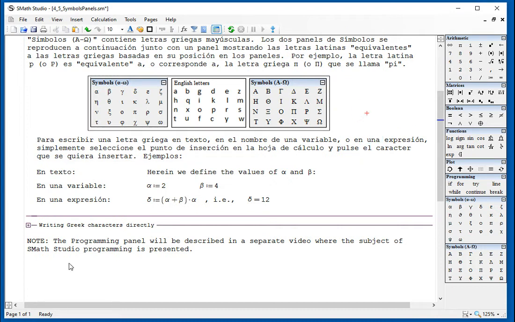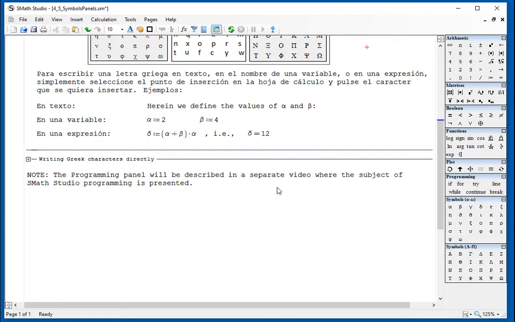Some of them are easy to remember, like alpha with A, beta with B, gamma with G, delta with D, epsilon with E, zeta with Z, eta with H, theta with Q, iota with I, kappa with K, lambda with L, mu with M, nu with N, psi with X, omicron with O, pi with P, rho with R, sigma with S, tau with T, upsilon with U, phi with F, chi with C, it's psi, I believe, is this one with Y, and omega with W.